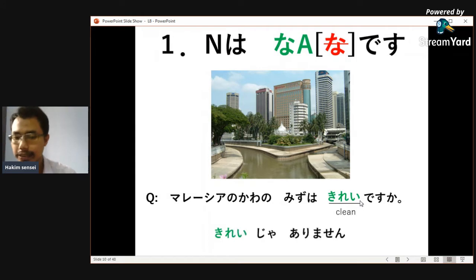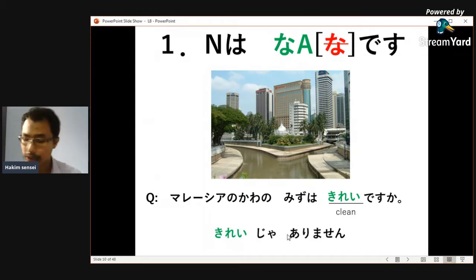And then in order to answer in the negative, as we know, the water is not clean. Kirei ja arimasen. As you can see, in order to create the negative form for a na-adjective, you are not changing the word, but you transform desu into ja arimasen.